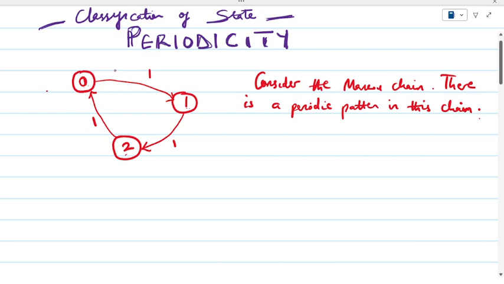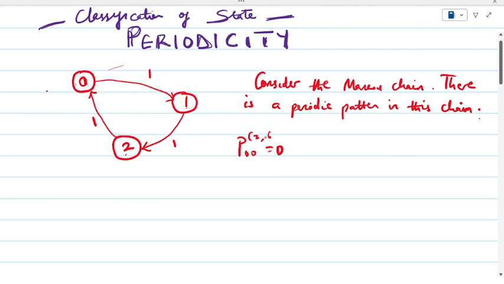That is, after 3 times. If you start from 0, in the first step you move to 1, you move to 2, then at the third step you move back to 0. And the probability of moving from 0 to 0 over 3 steps is not equal to 0.